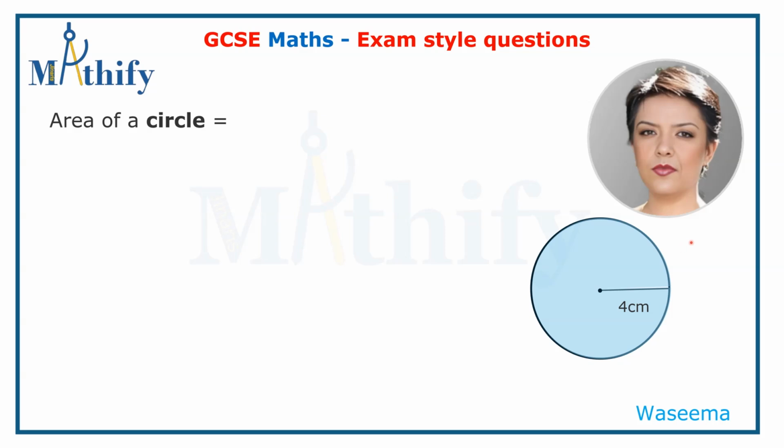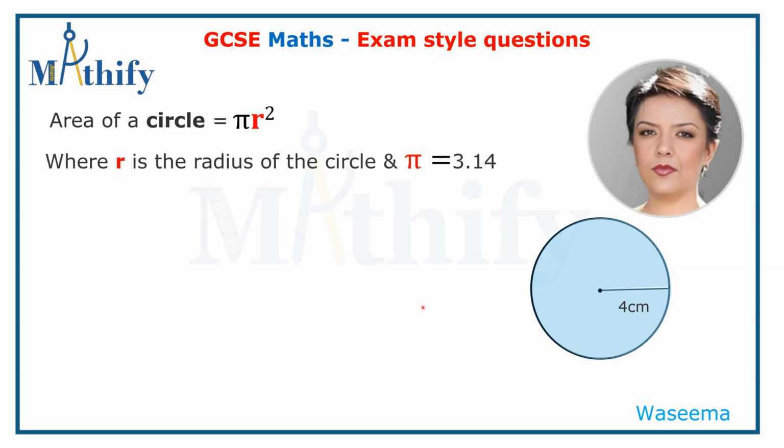So we are given this circle and we need to remember what is the area of a circle. So area of a circle is equal to pi r squared. In other words, pi multiplied by radius squared, where r is our radius of a circle and pi is equal to 3.14.